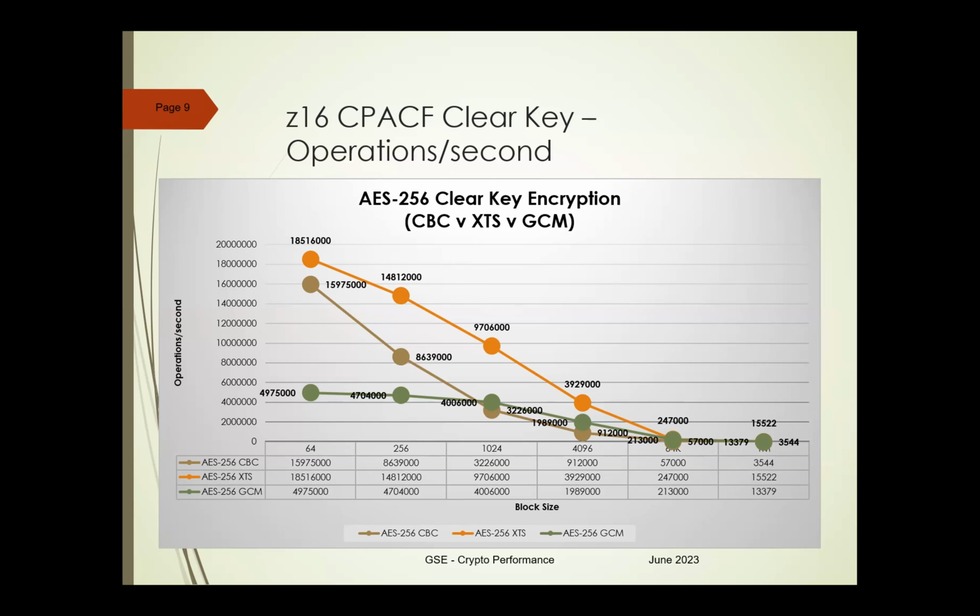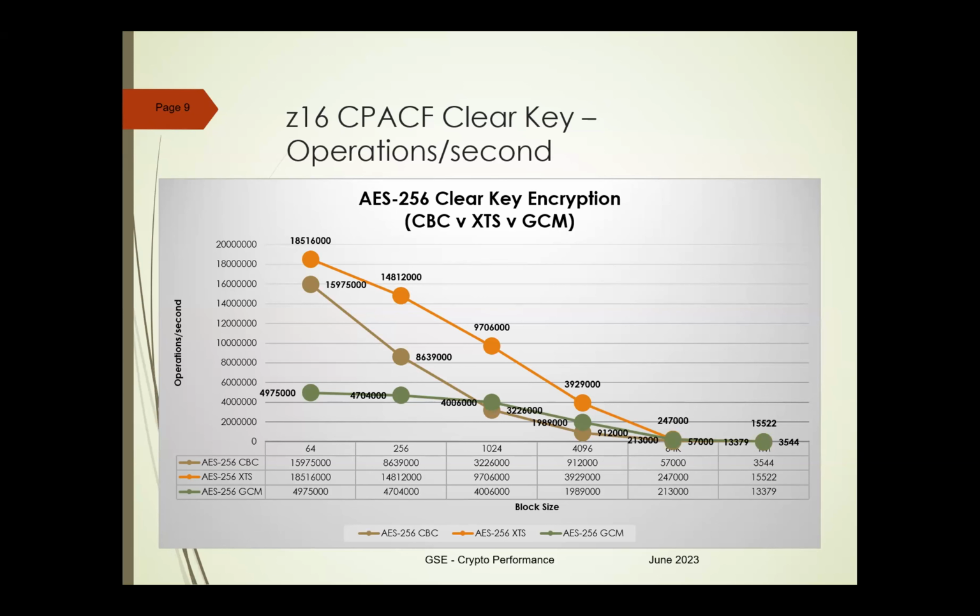Again, this is showing the native operations on the CPACF hardware. So invoking the cipher message instruction directly on the hardware, no API overhead, and we're using the fastest technology that's available.